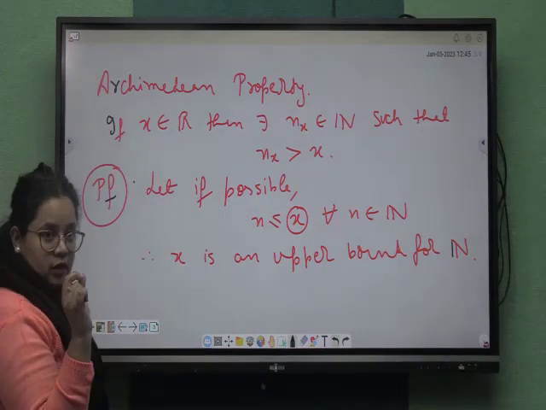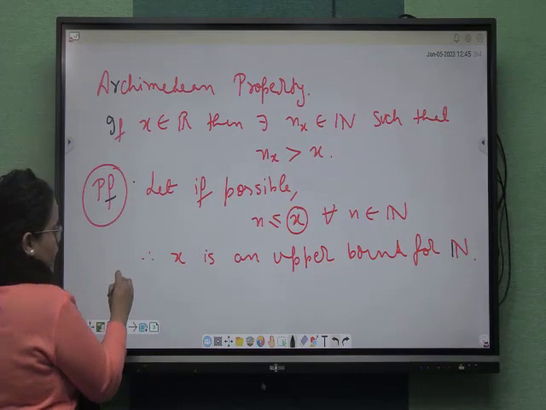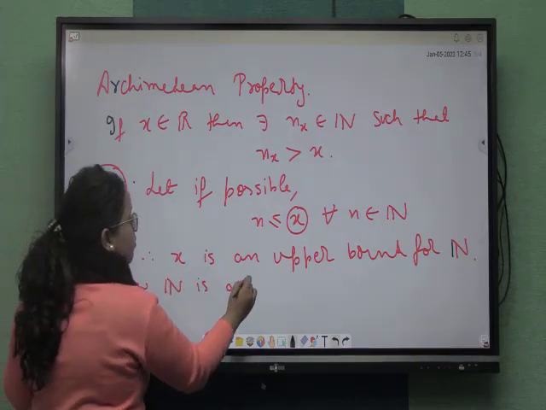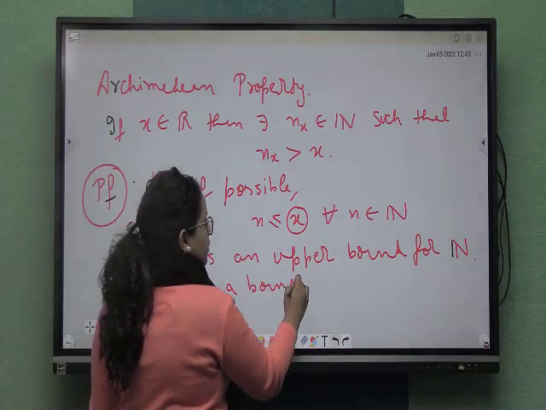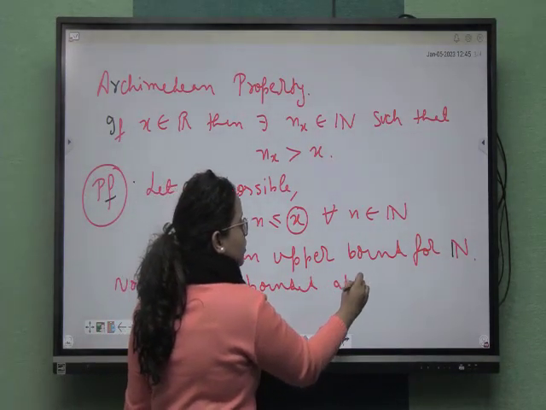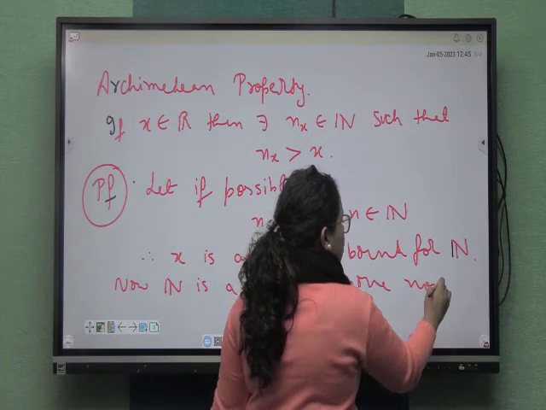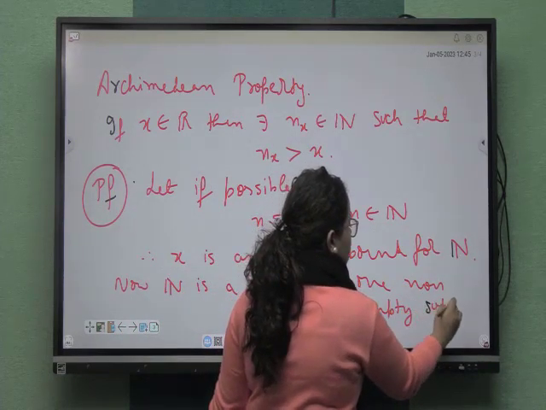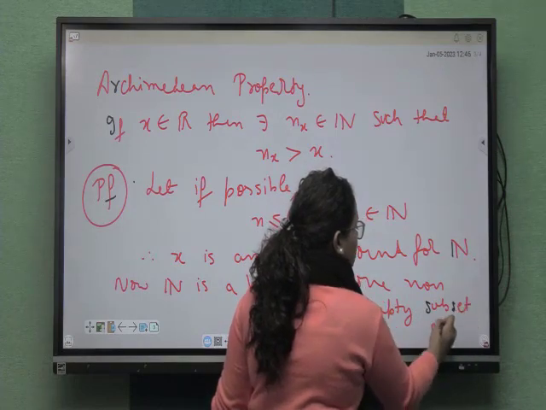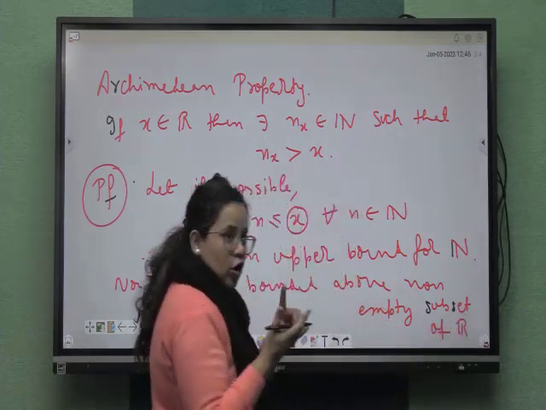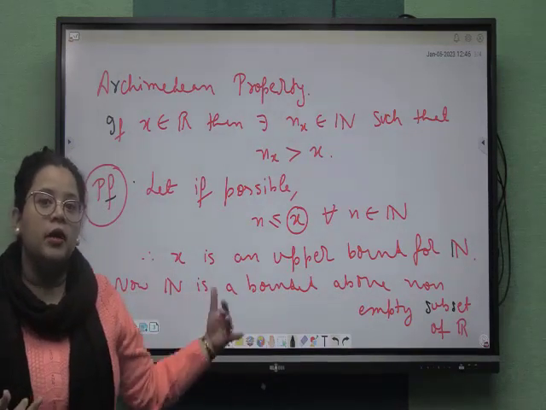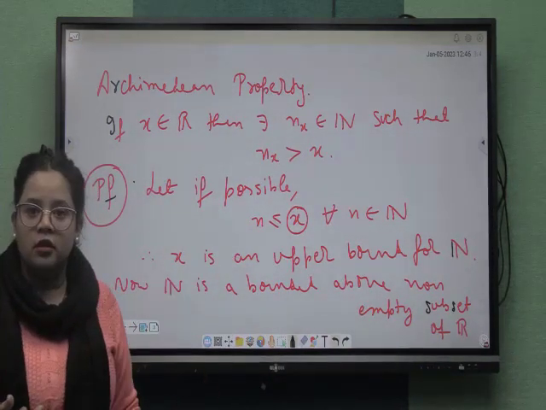Now you can see that N is a bounded above non-empty subset of R. That means now I can apply my completeness property to this N, right?